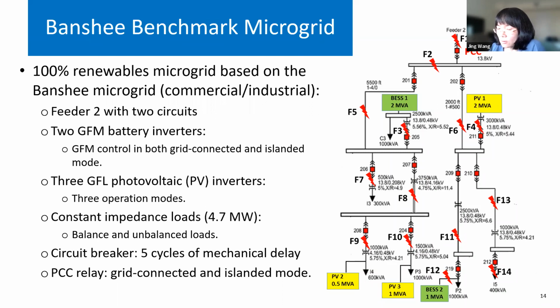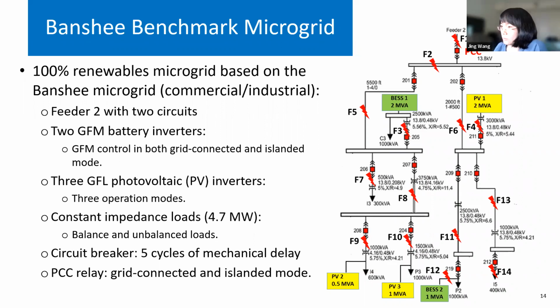We use constant impedance loads because they will not contribute any fault current. If we use a constant power load, they are modeled as controlled current sources. They actually contribute fault current, and that will make the fault current contribution unrealistic. That's why correct load modeling is quite important.